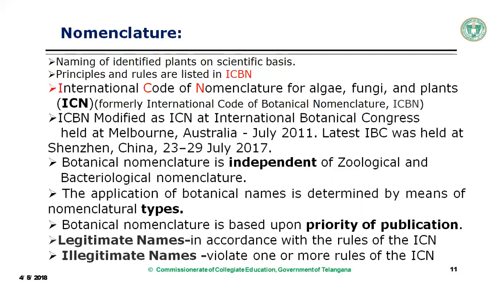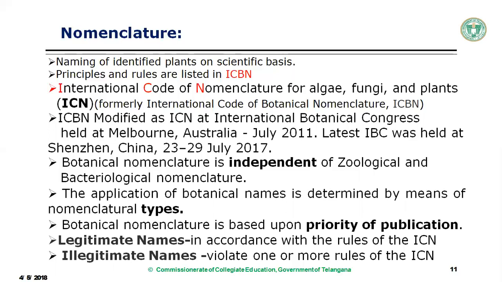The International Code of Nomenclature for Algae, Fungi and Plants is known as ICN. So ICBN was modified as ICN at the International Botanical Congress held at Melbourne, Australia, in July 2011. The latest International Botanical Congress was held at Shenzhen, China, 23rd to 29th July 2017.